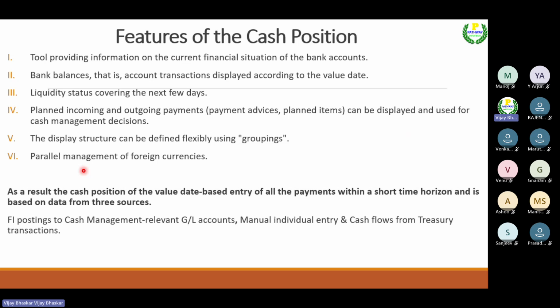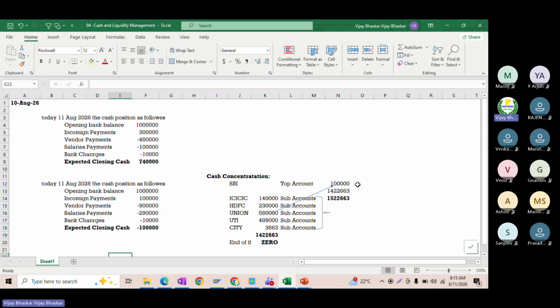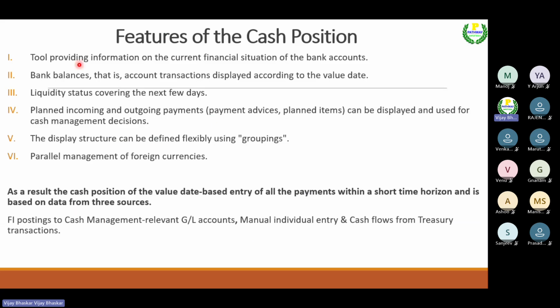Now, moving to the next slide here: features of the cash position. The cash management tool provides information on the current financial situation of the bank accounts. As I have already explained, what is the bank balance, and the balance which is lying in the bank accounts here. You could see the bank balance and the amount transactions displayed according to the value date, meaning the date on which the transaction happened.